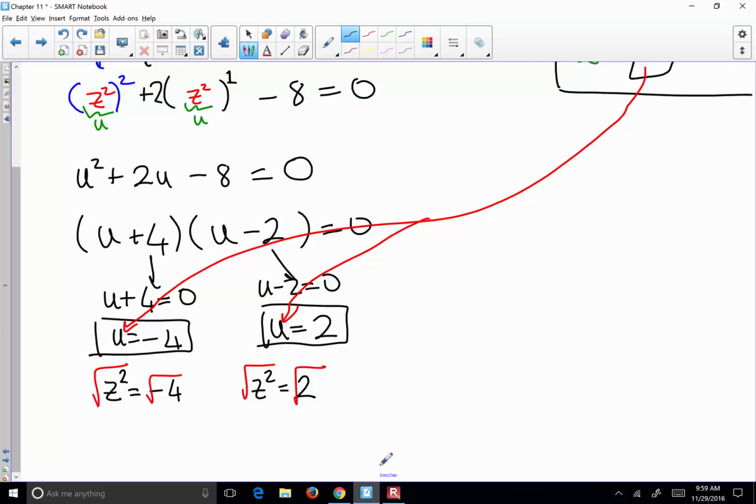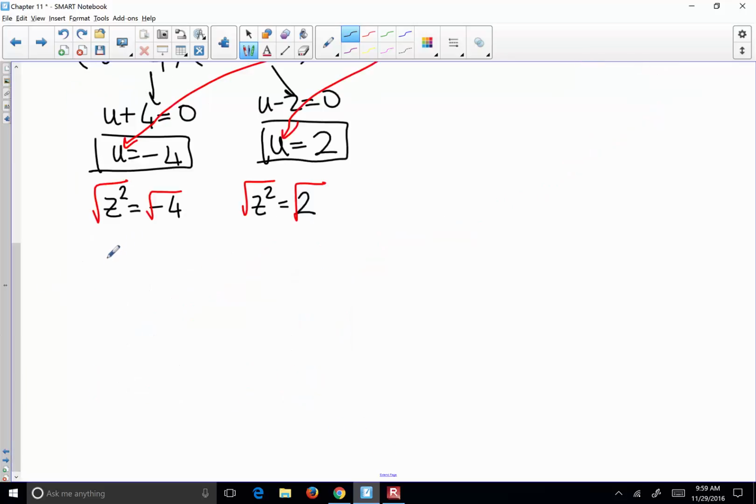And I'm making a mistake. Let's see if anyone's going to catch it. Square and square root cancel. We have square root of minus 4. Oh, the minus needs to be cured. This is a disease, as is I. So I'm bringing i out, 4 in. But square root of 4 is 2.